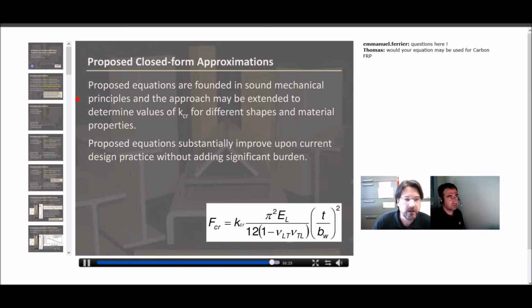It's a very open area for study. This study is presently being extended to look at lateral torsional buckling of beams, which adds another dimension of complexity to the problem. But this is a great area for study in the future, and so I would encourage the graduate students, the doctoral students involved, to take a look at this as an area to build your careers in.